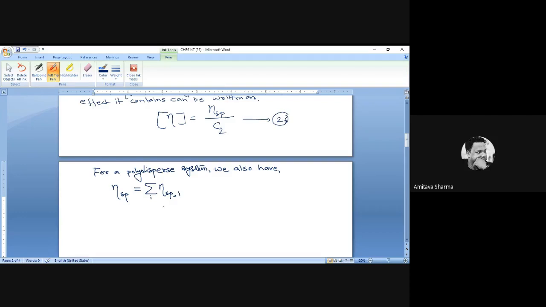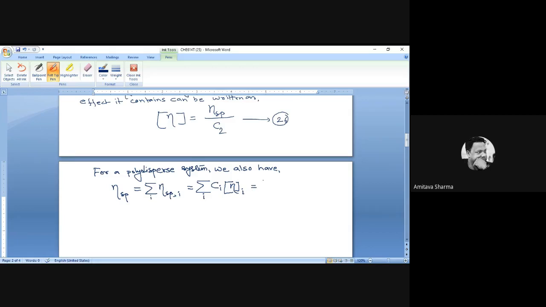The summation i runs over the concentration, that is Ci, times the intrinsic viscosity of each component.